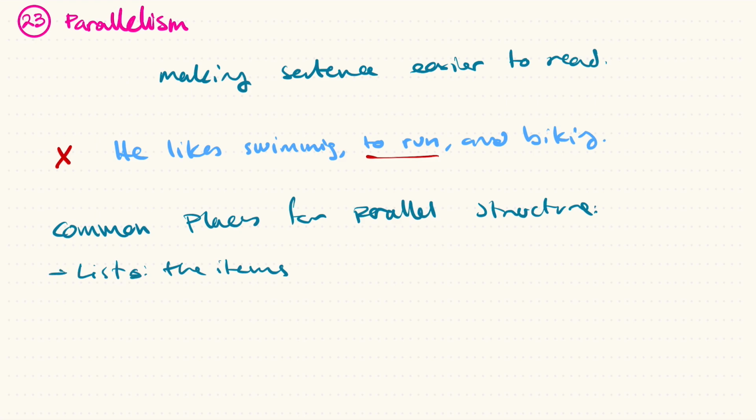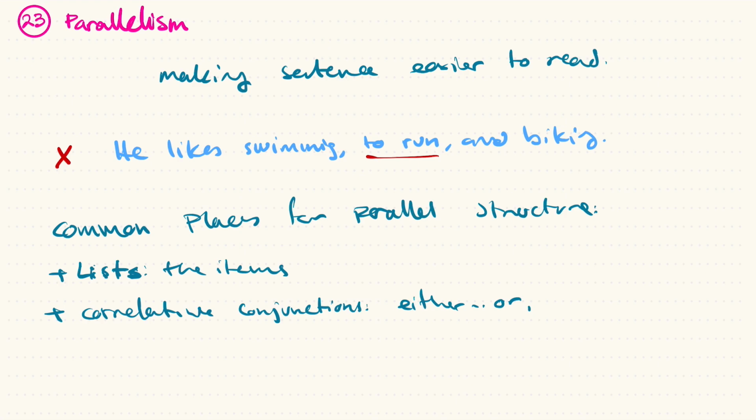The second one would be the correlative conjunctions. We talked about correlative conjunctions a couple of lessons ago. So pairs such as either...or, neither...nor, or not only...but also.